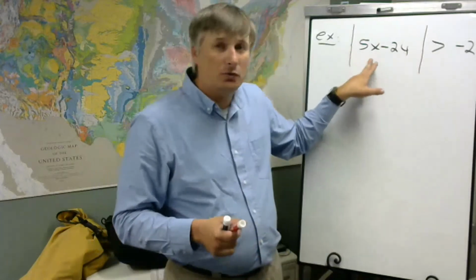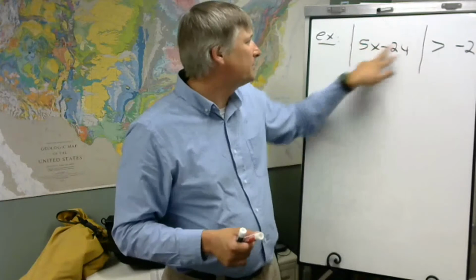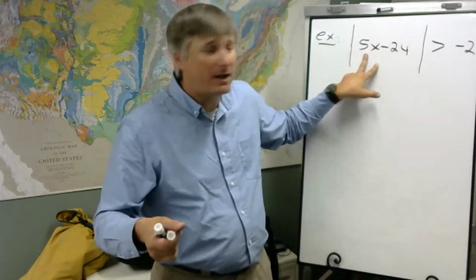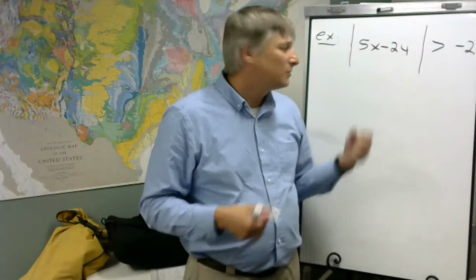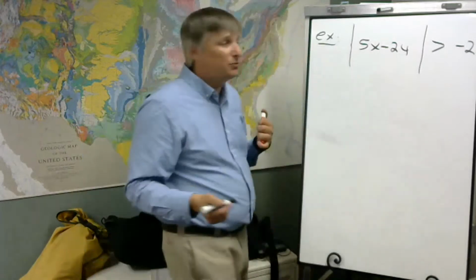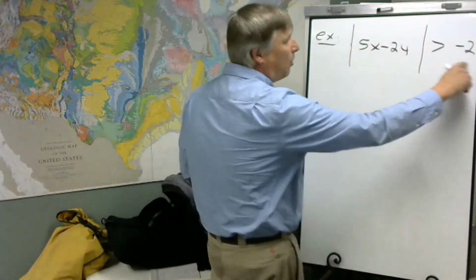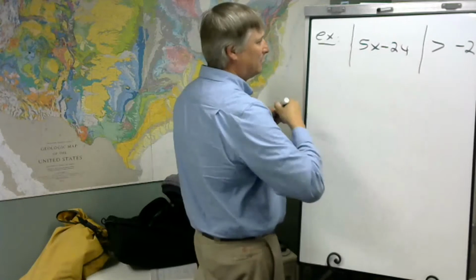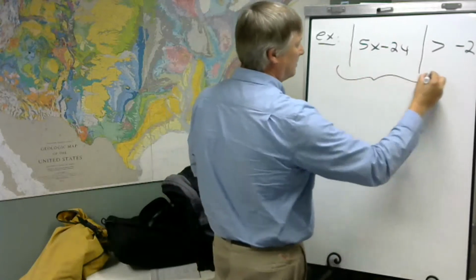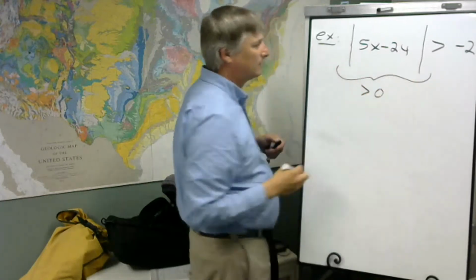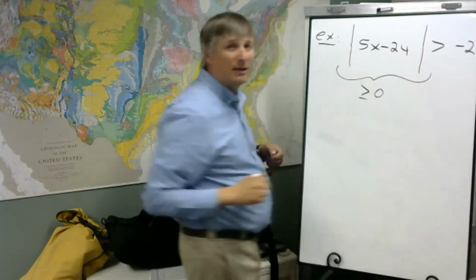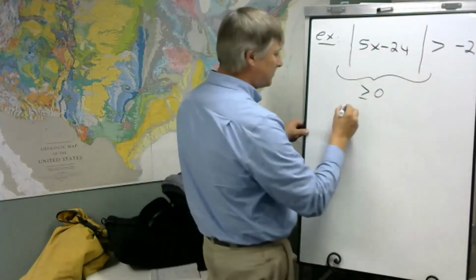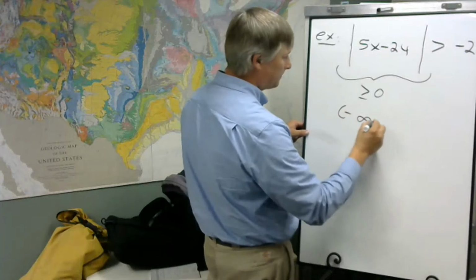So no matter what we choose for x, it doesn't matter what this becomes in between the absolute values, it will make it positive. So it doesn't matter what you choose for x, it's always going to end up at the end greater than 0, or maybe equal to 0. But certainly greater than negative 2. So this is another all real numbers.